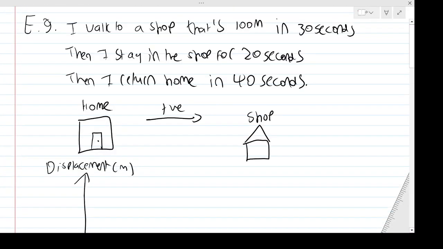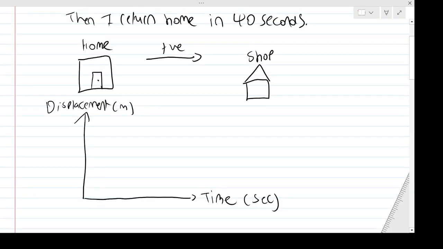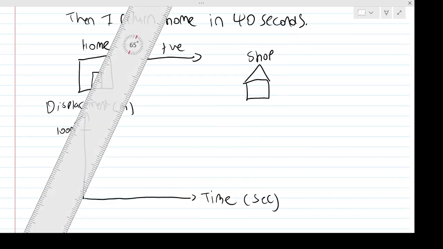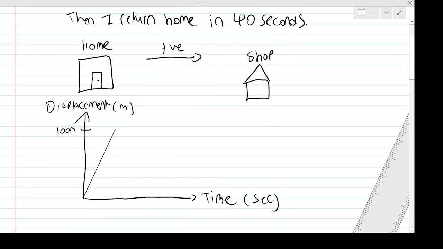So, let's have a look. The first part is I walk to a shop from home, that's 100 meters in 30 seconds. So let's say 100 meters is here. Then let's say, if I have this ruler here, this line, that's 30 seconds. What that's saying is, I start at home, so at home the displacement is 0, because if I'm measuring from home, obviously if you're at home, you've not travelled anywhere.